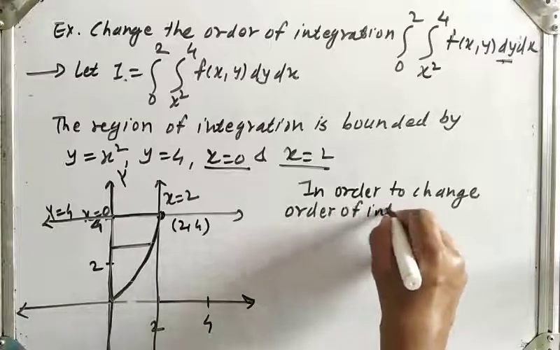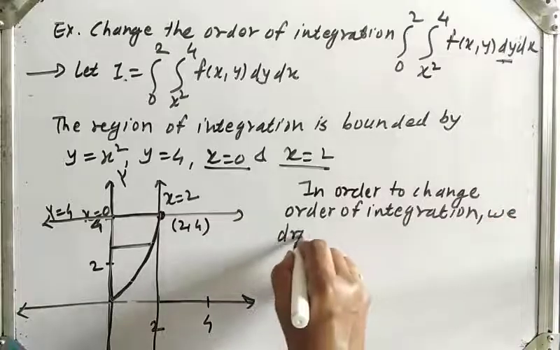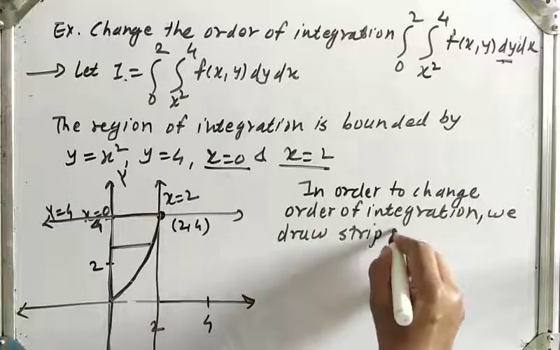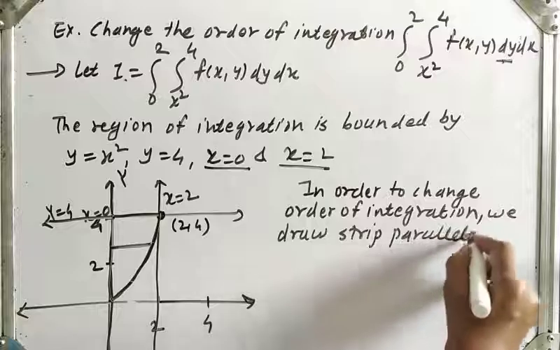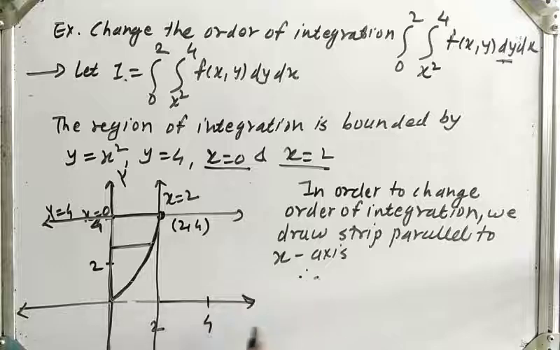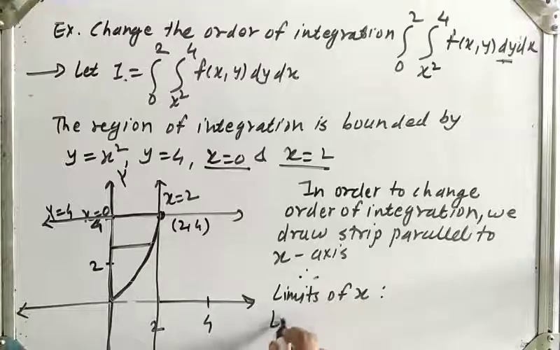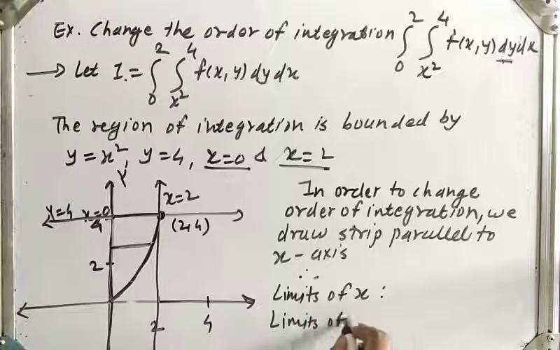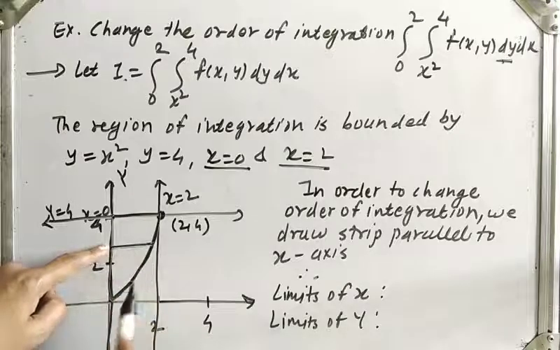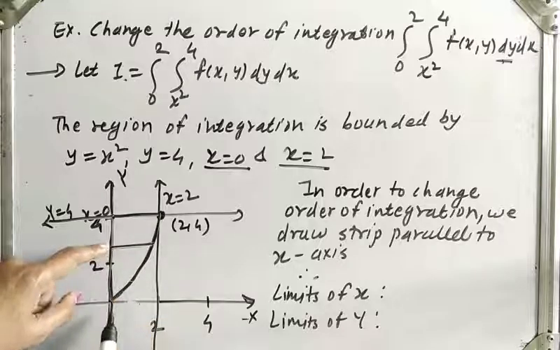In order to change the order of integration, we draw a strip parallel to x axis. Therefore, limits of x, limits of y. Now limits of x: strip parallel to x axis, this strip touches on the left hand side to which curve?